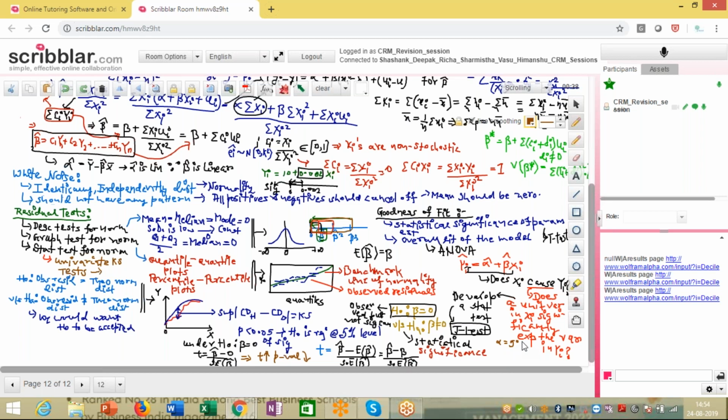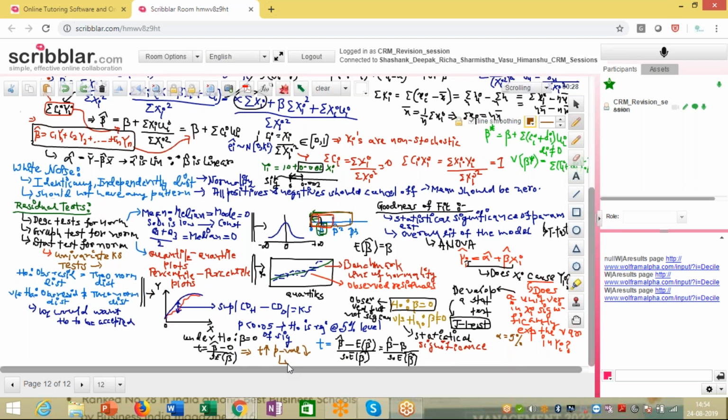So what we can say is that, okay, at a 5% level of significance, the test is conducted. Once I have created this t statistic, the p-value will get computed. And always, the lower the p-value, the greater are the chances of the null hypothesis being rejected.